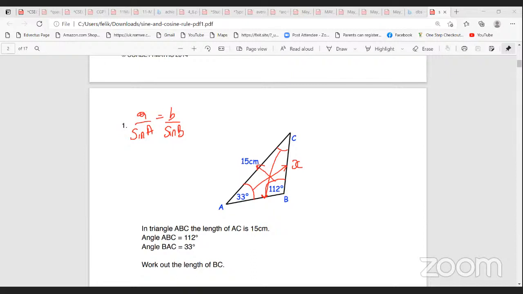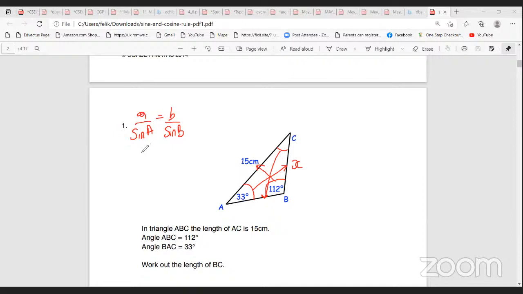What we're going to do now is that we must have a pair that matches, that we know both the angle and the side. We must have that to start off with. And then for the next one, we either know the angle and we'll find the side, or we know the side and we'll find the angle. So let's look at the first one here, A. We know the angle, which is 33 degrees.